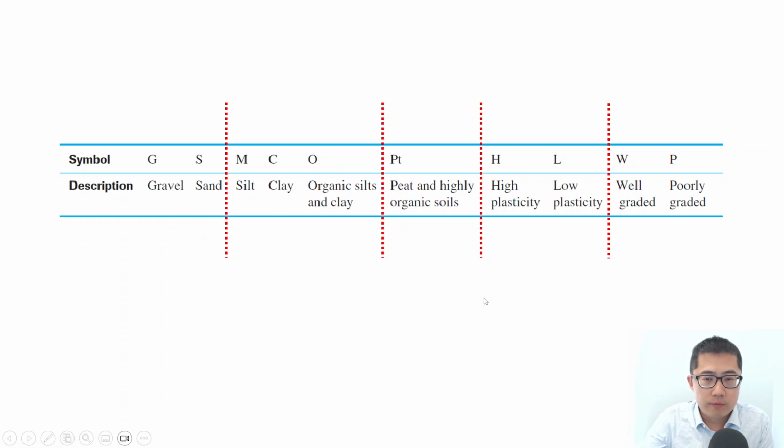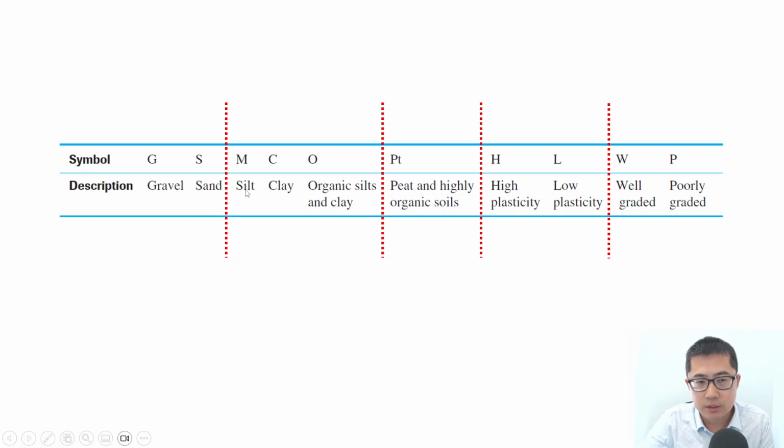First of all, let's take a look at all the symbols. The symbols are broken into all sorts of things. Some of them point you more towards the texture, and some are more for the plasticity. Let's start with the texture side, basically particle size. G for gravel, pretty easy to understand. S for sand.